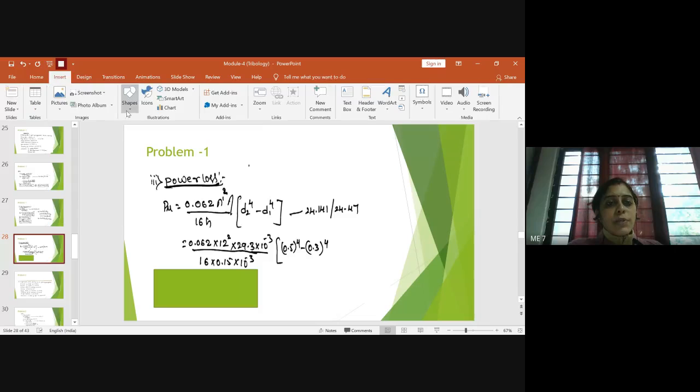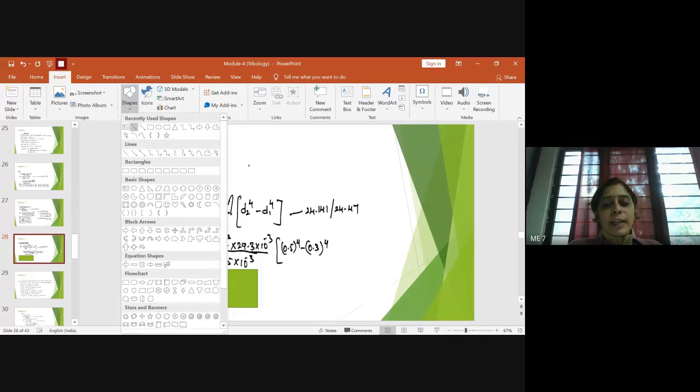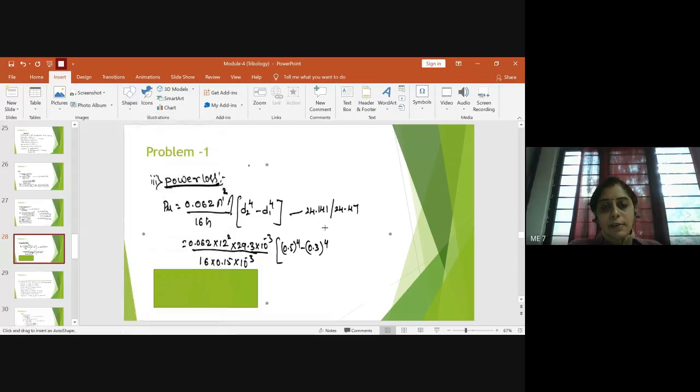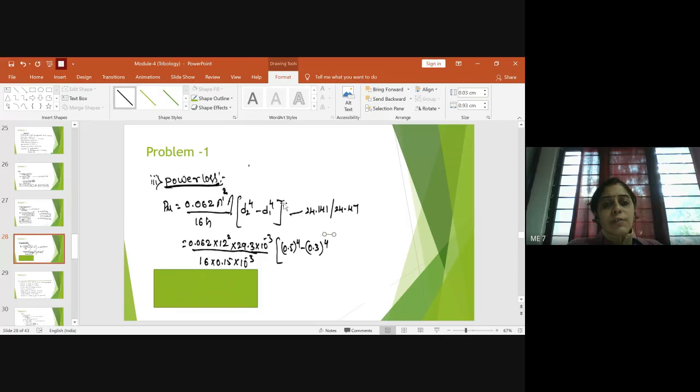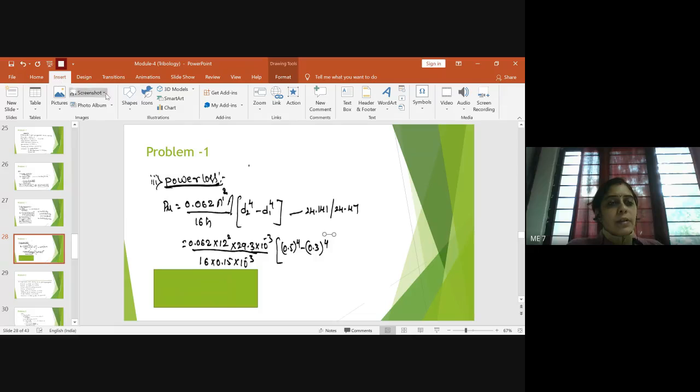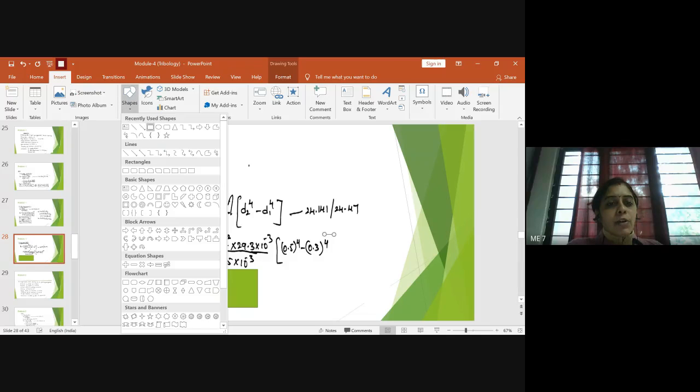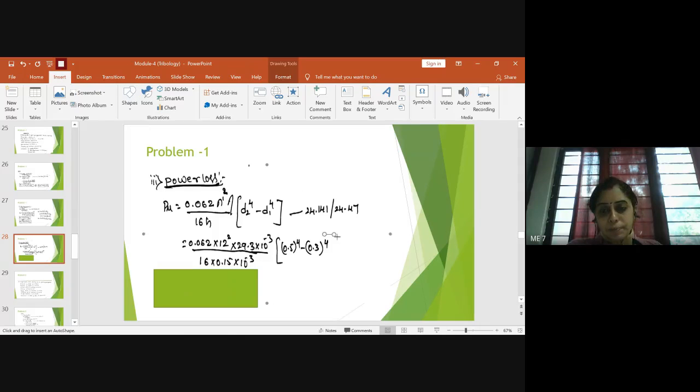Once you substitute, kindly calculate and let me know what answer you are getting. Be quick. Substitute all the values, calculate and let me know the value you are getting for power loss due to friction.